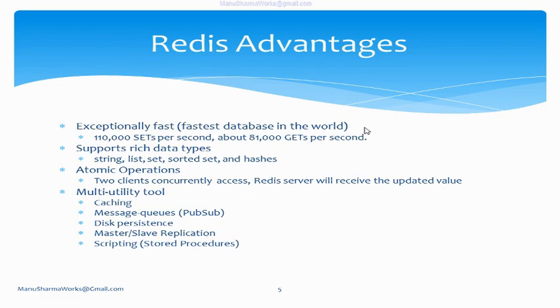So what are the advantages of Redis? Redis is known as the fastest database in the world. It is exceptionally fast. It can write 110,000 operations per second and read 81,000 operations per second, and it supports 5 different data types: string, list, set, sorted set, and hashes.